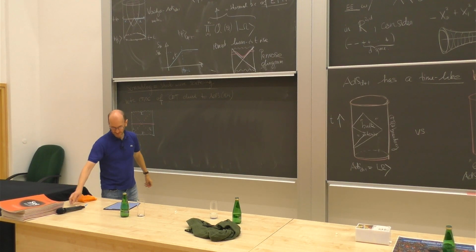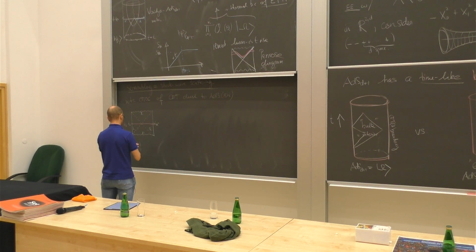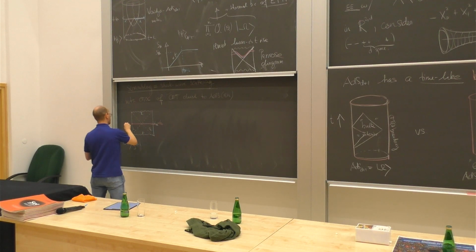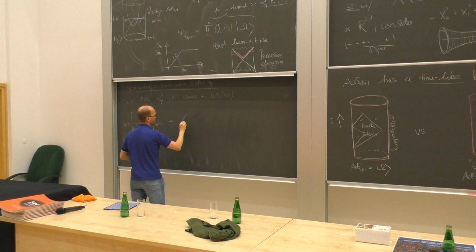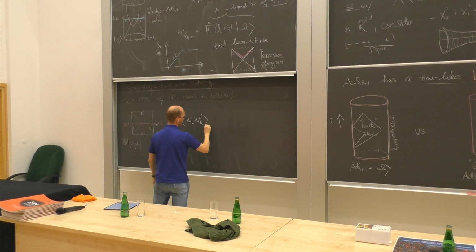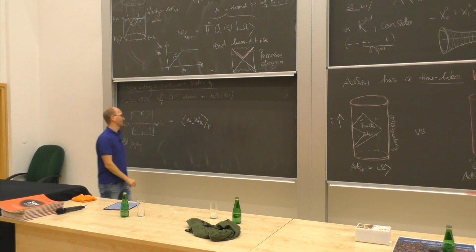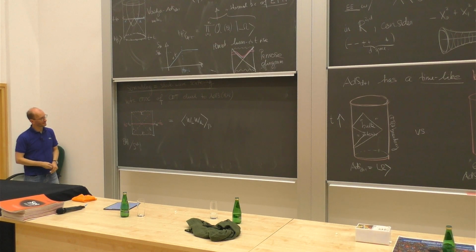So this picture, where I'm anchoring something at left and right times, which I'm here both choosing to be the same, is actually just the same as the correlation function of some operator L inserted here and some operator R inserted there with respect to the thermal density matrix, because I'm in the black hole background. And I'm writing this here because I just want to use this as a normalization.